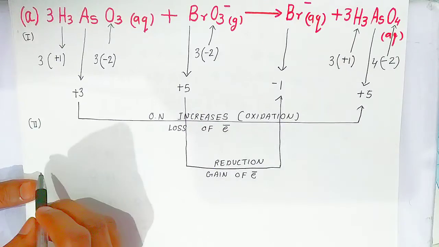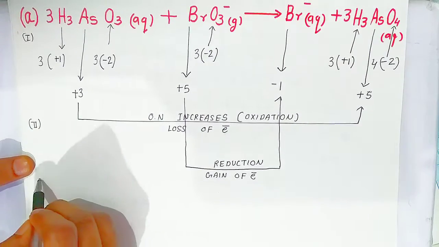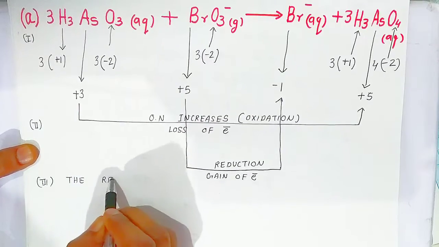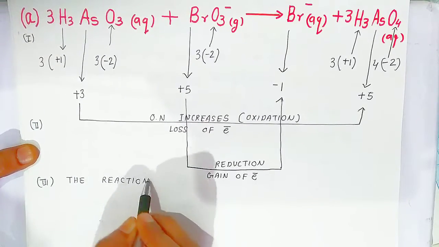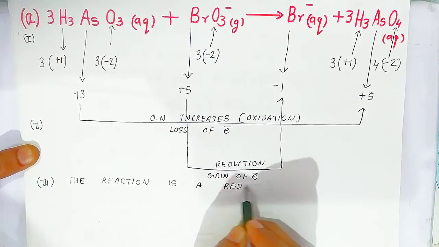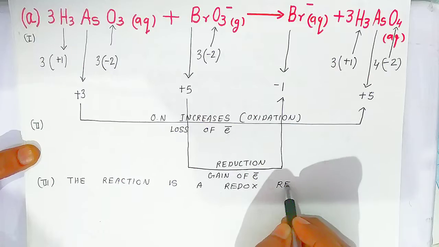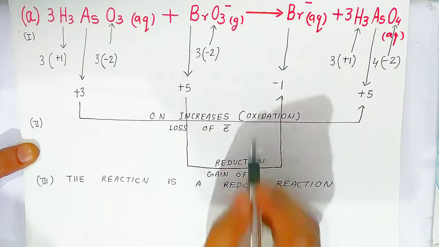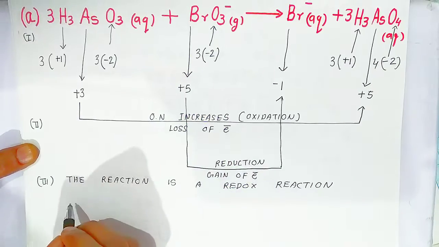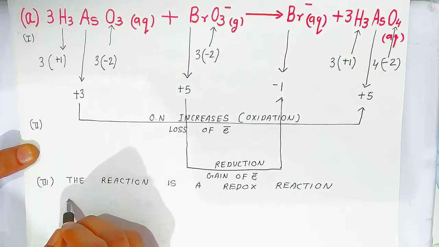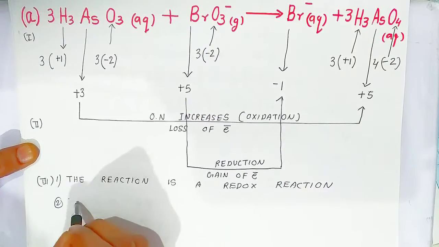Okay students, now the third step: you can now write that this reaction is a redox reaction. Why is it a redox reaction, students? Because reduction and oxidation both are taking place in this reaction, so it is a redox reaction. Now, as the question asks, you also have to find out which is the oxidant. Second is, students, oxidant.